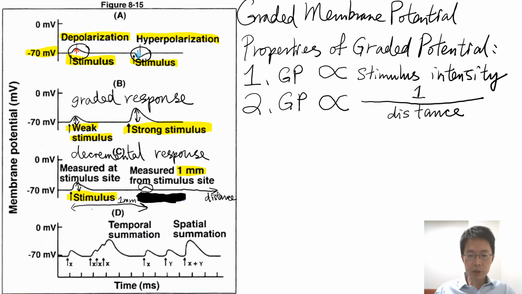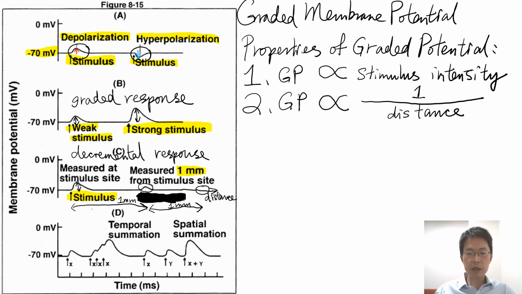If you measure it another millimeter later, what would you see? You will see nothing, because at that distance everything will be so-called degraded. That's why I call it decremental. This is what we mean by inversely proportional.